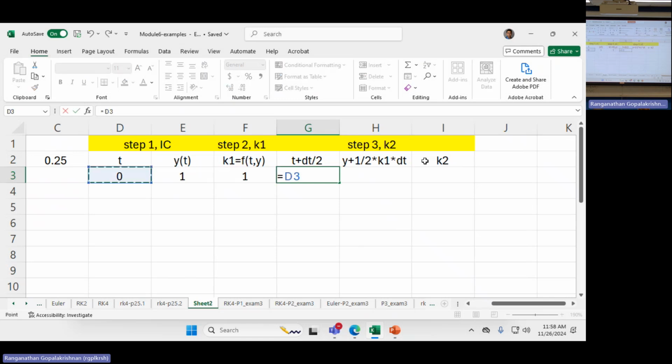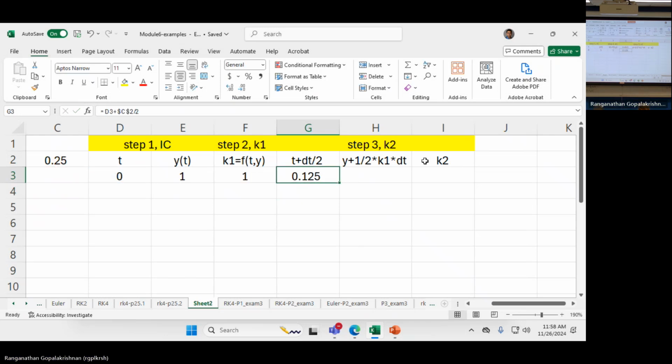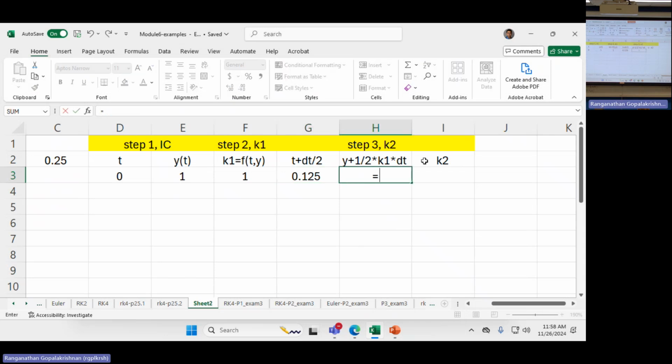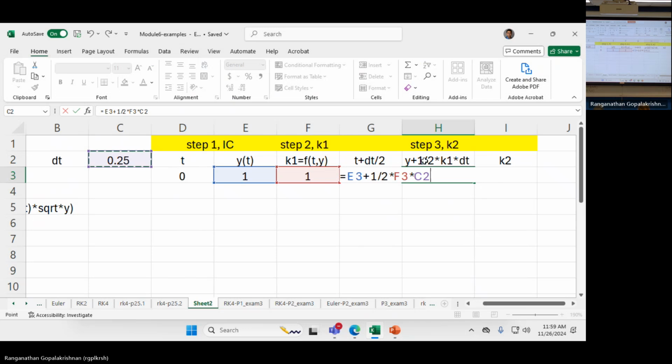I will say this is t plus whatever dt is, with the dollar sign, divided by 2. And this is whatever y is plus half times whatever K1 is times dt, with the dollar sign.